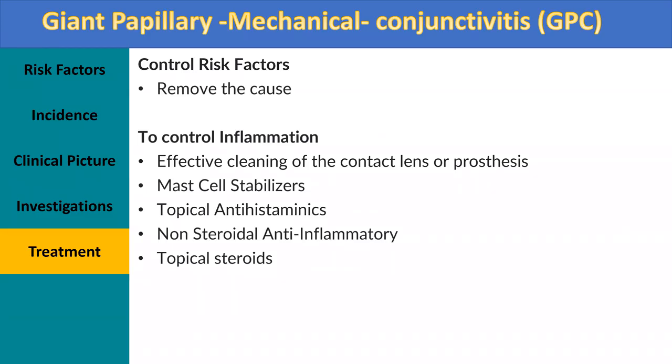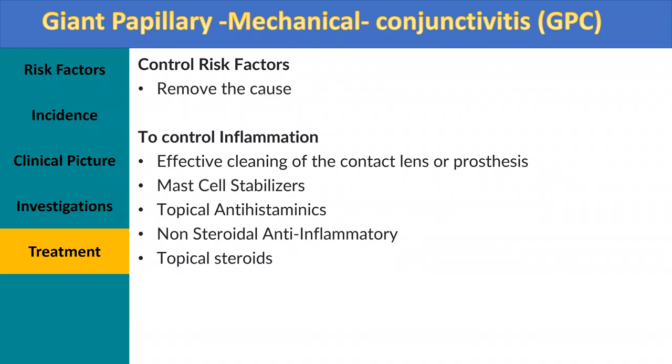Treatment is by controlling the risk factors and removing the cause. Those patients need to know how to do effective cleaning of the contact lens or prosthesis to prevent deposits on it and to prevent infection. You may need to stop the contact lens for some time or for a longer duration.